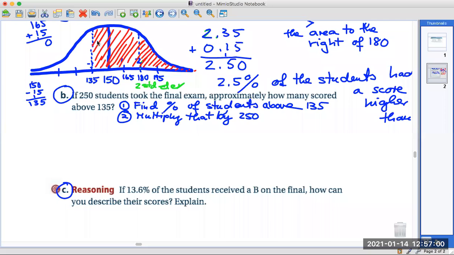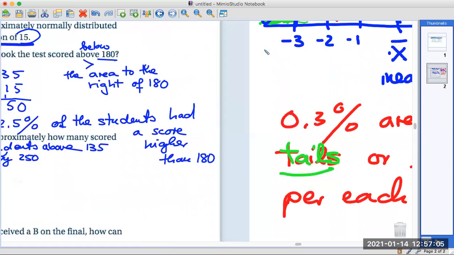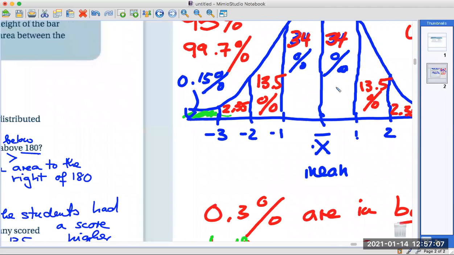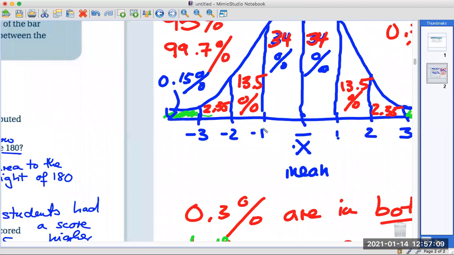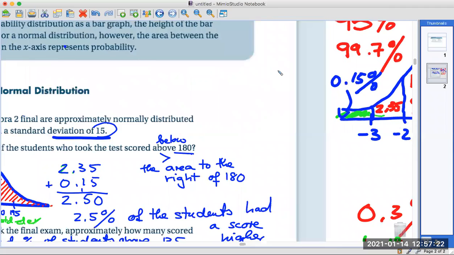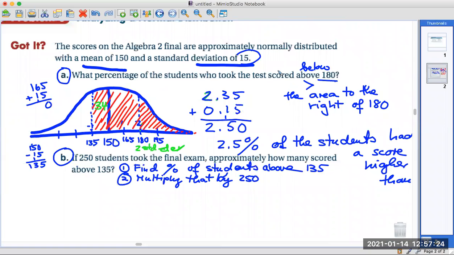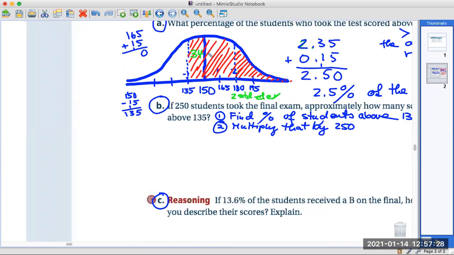So now let's add up the percent. This one is 34. I'm looking at my chart again, right? So I go down from the mean 1 standard deviation. The area is 34, and 34, 13.5, and this and this. I got to add all of these up. So I will write down my numbers, 34, and then this one is 34.